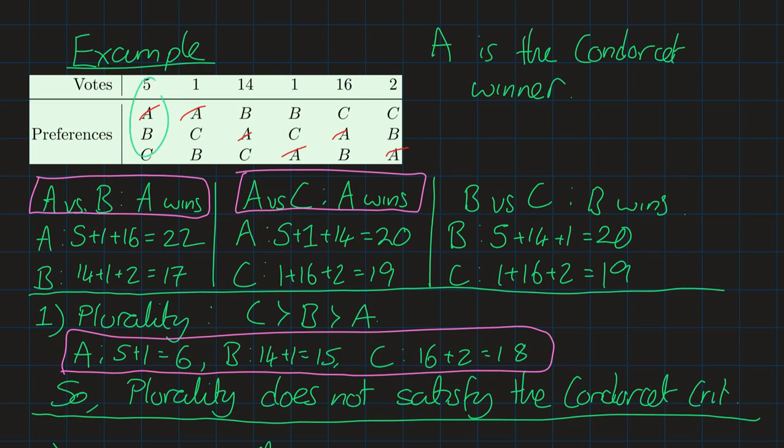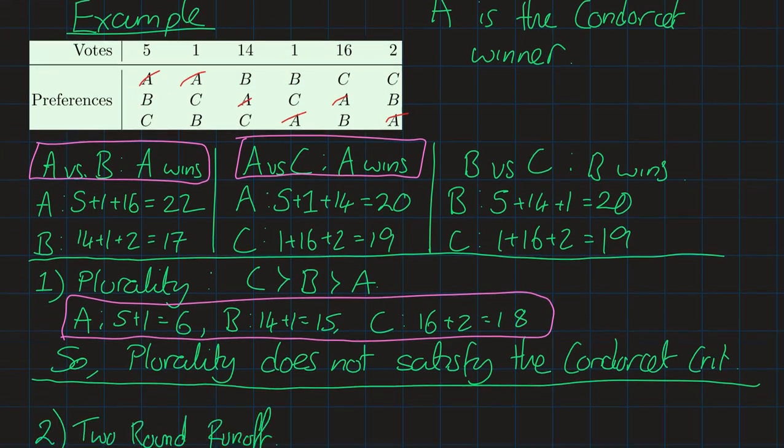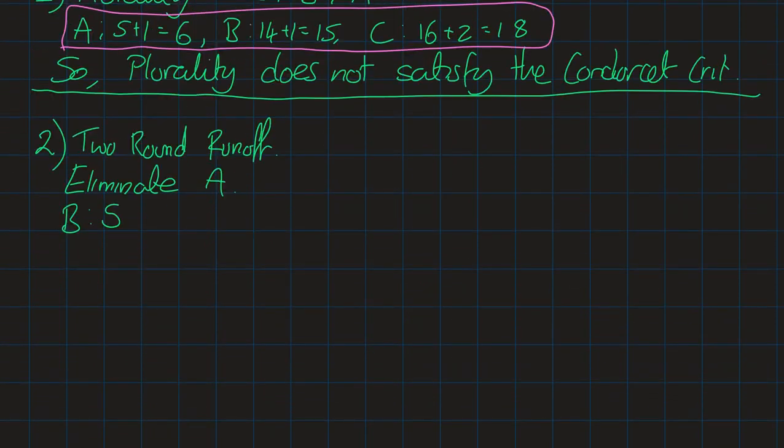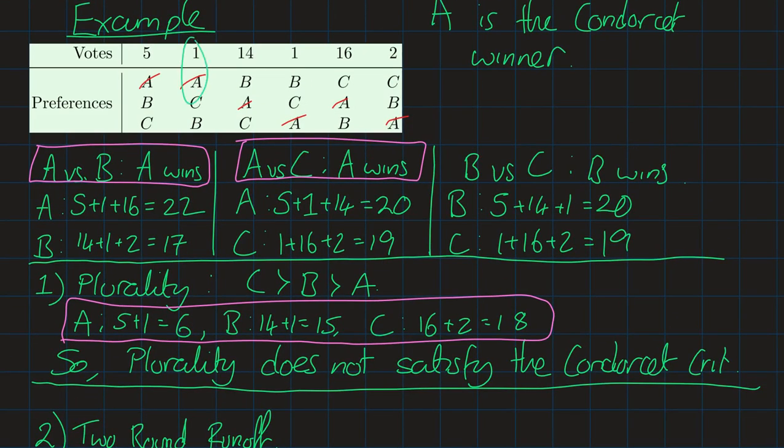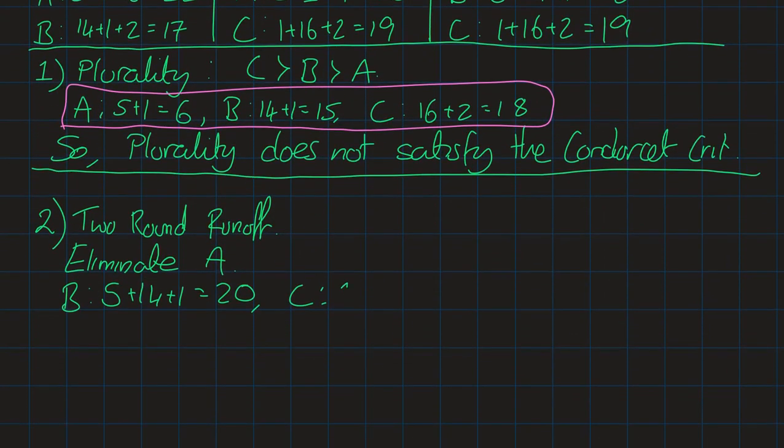So B is going to have 5 plus 14 plus 1, which is 20, and C is going to have 1 plus 16 plus 2, which is 19.